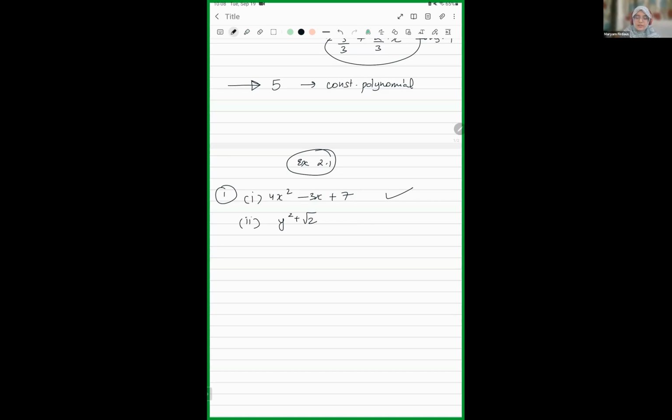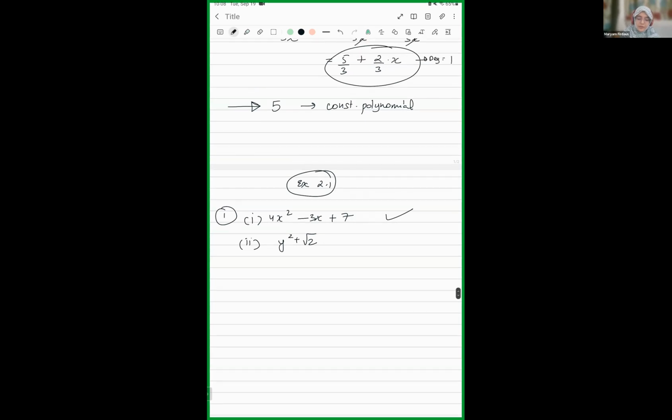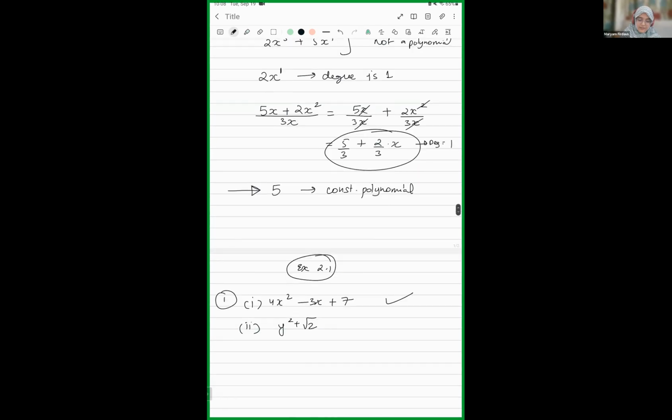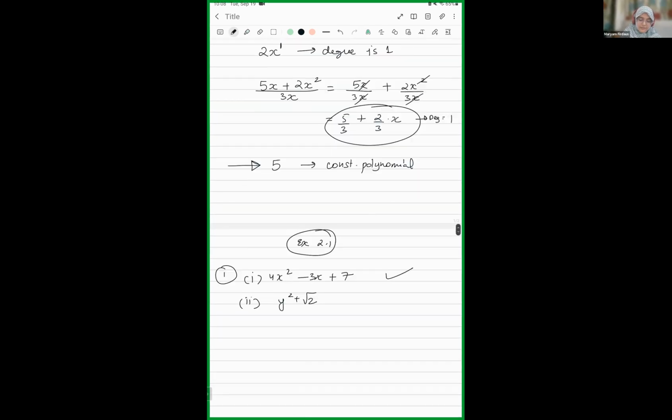What is the condition for it to be a polynomial? Let me write it over here. It should have one variable.